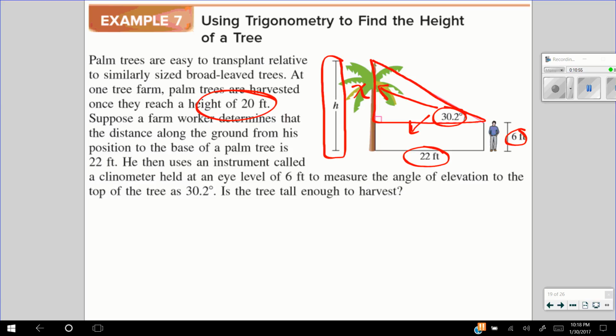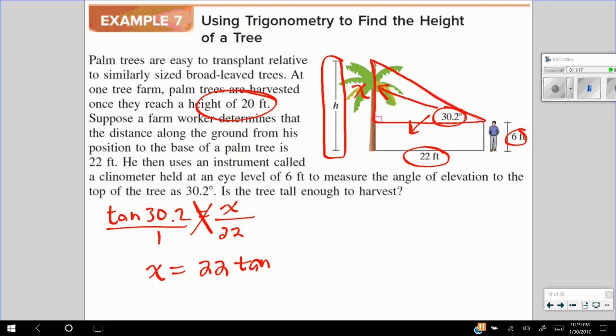So that's going to be tangent, opposite and adjacent, right? So tangent of my angle 30.2 equals opposite x over adjacent 22. And I'm going to set this up as a proportion, cross multiply, right? So x is 22 times the tangent of 30.2.